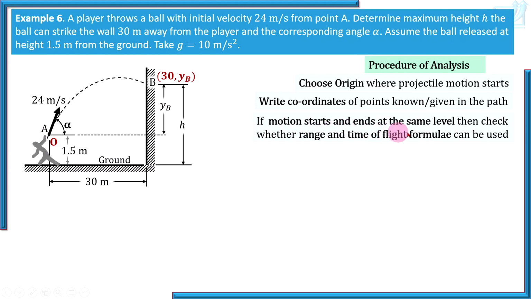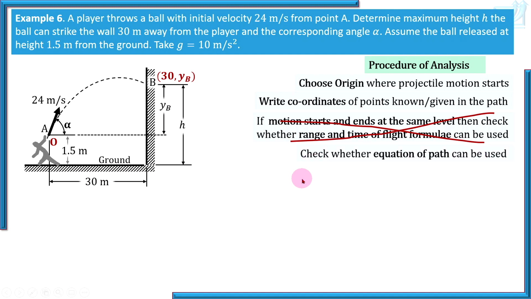If motion starts and ends at the same level, then check for range and type. No, not at all. Then check whether the equation of path can be used. Yes, because watch here: initial velocity 24, angle alpha. You want to know the maximum y coordinate. So given and asked are among these four variables only.